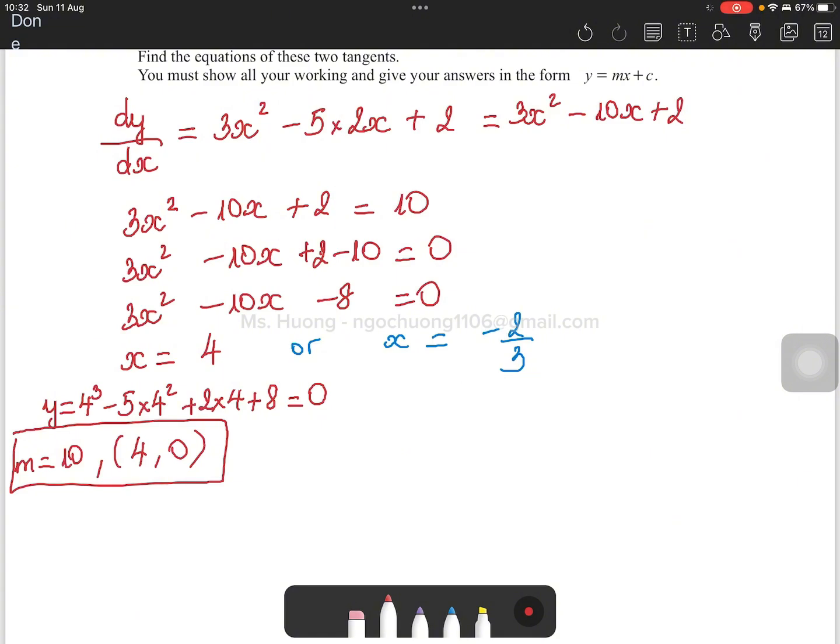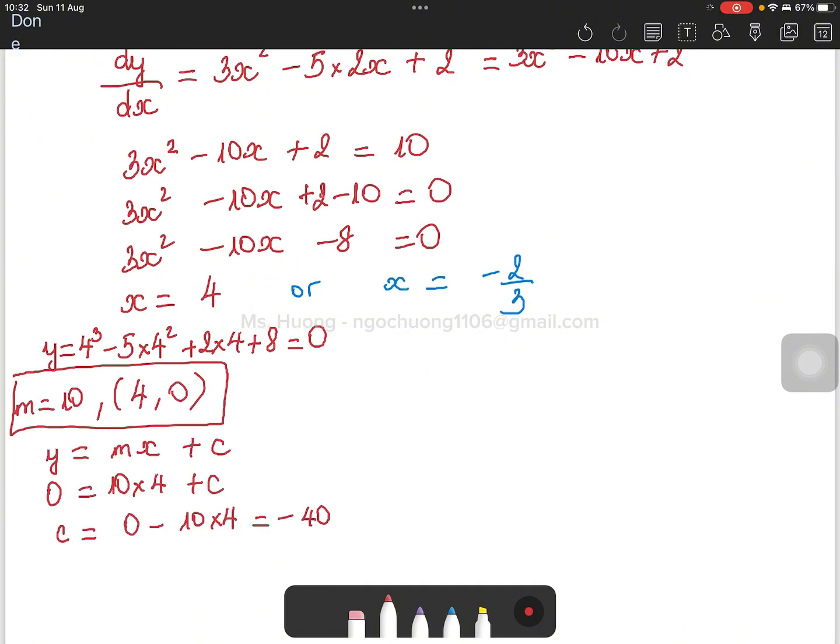You know the general form of the equation of a straight line is y equals mx plus c. In this case, y is 0, m is 10, and x is 4, plus c. So to find the value of c, we subtract 10 times 4 from both sides, which is negative 40.